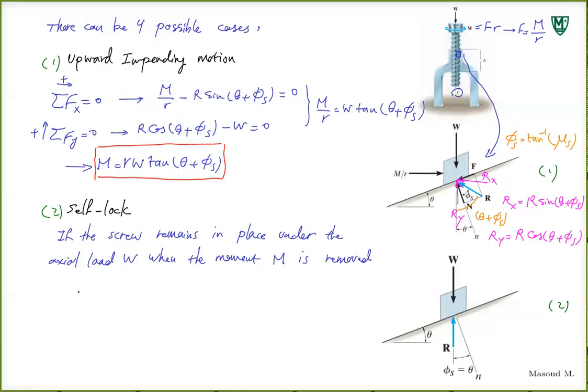Right? That happens when phi s is greater than or equal to theta. Right? The angle of static friction is greater than or equal to the lead angle. Now, if they become equal, right, we are going to be on the verge of moving downward.